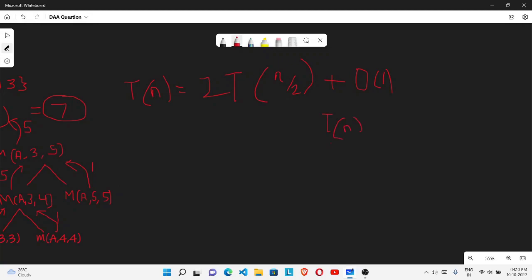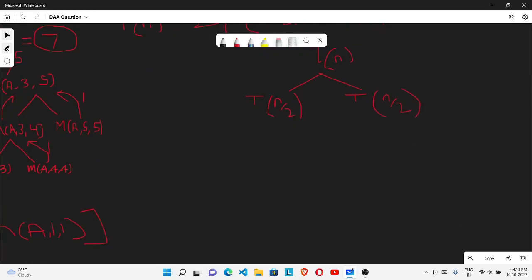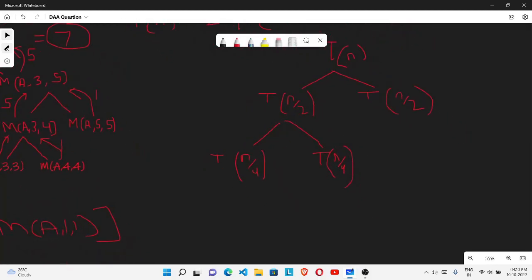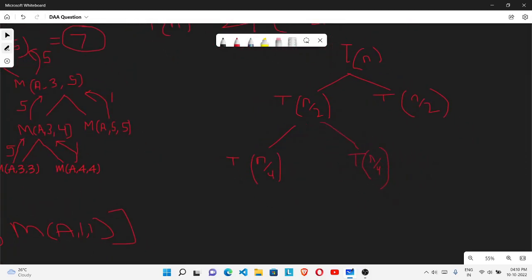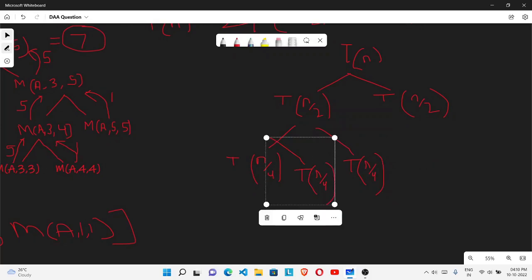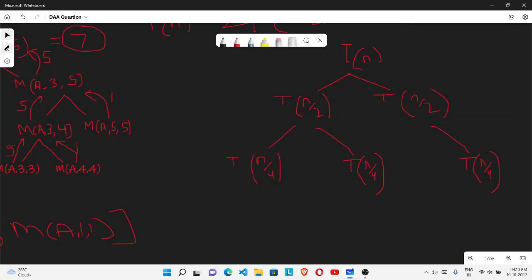So T of n divides into T of n by 2, T of n by 2, which further divides into T of n by 4, and the other part also T of n by 4, and here also the same thing.